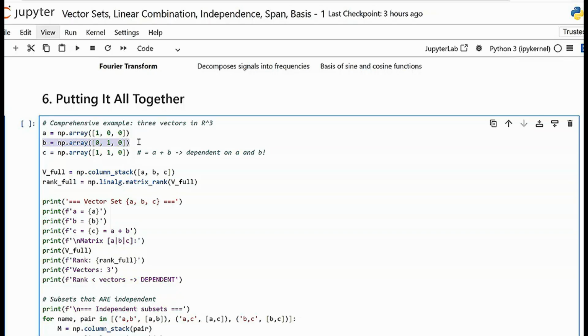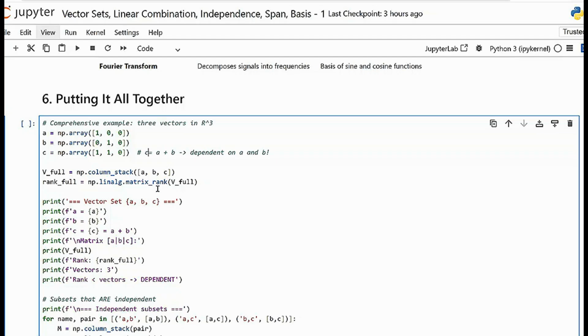Last but not least, we have a point C, where C is equal to A plus B, which defines the summation.